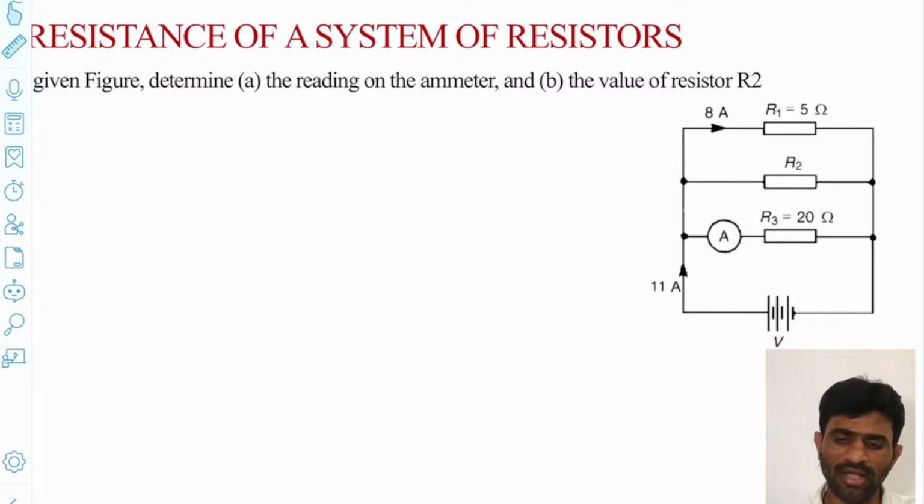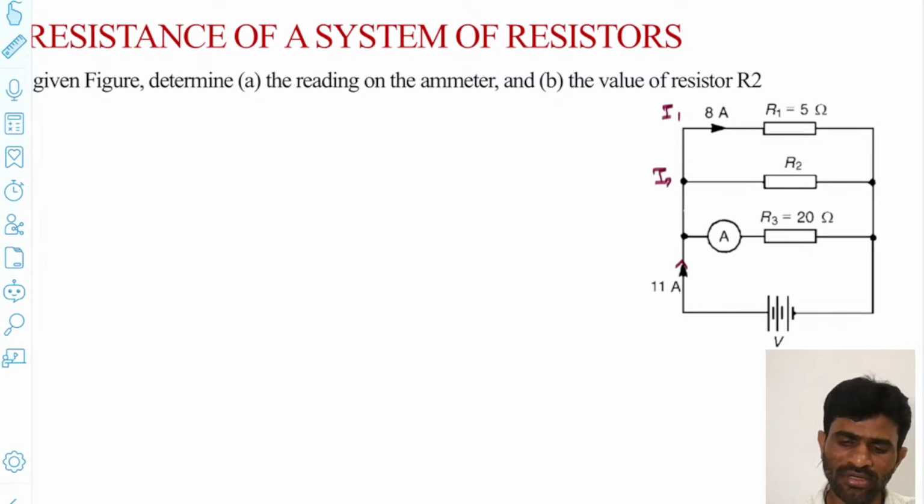So here, the total current will be divided into three parts. That is, total I is divided as I1, I2, I3, three parts. First one here is I1 because R1 is given there.